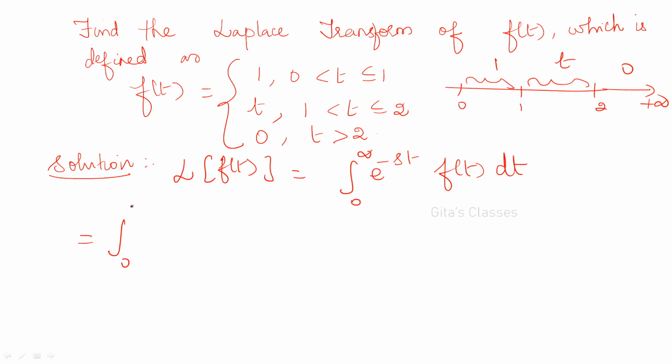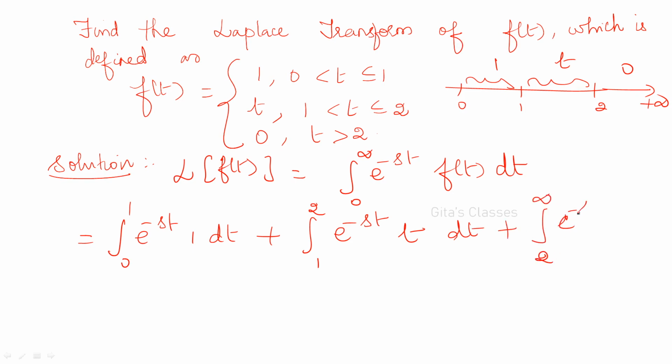So integral 0 to 1 e^(-st) into 1 dt, plus integral 1 to 2 e^(-st) into f(t), which is t there, dt, plus integral 2 to infinity e^(-st) into 0 dt. From 2 to infinity it is defined as 0.